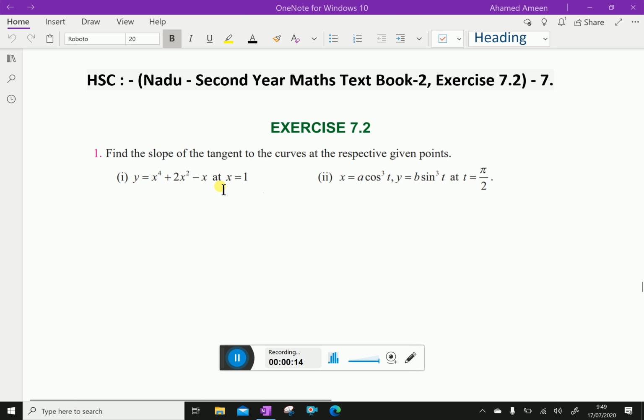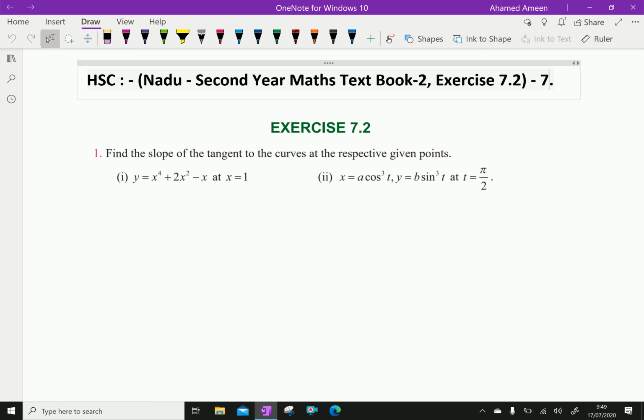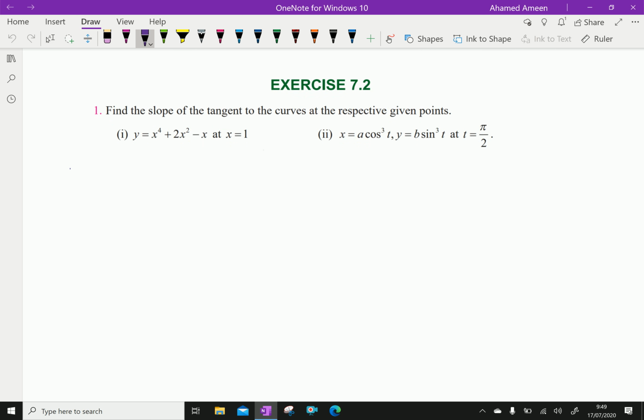Find the slope of the tangent to the curves at the respective given points. Here, first one, y equal x power 4 plus 2x square minus x at x equal to 1.